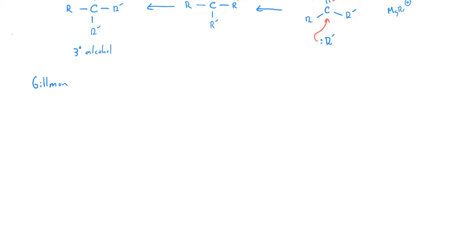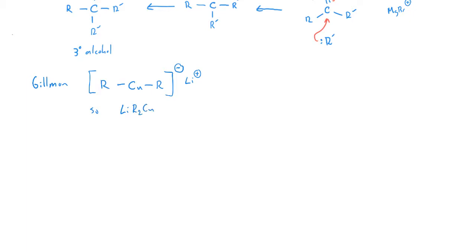So it looks like this. We have a copper metal center with two alkyl groups on it. And this entire construct, this copper with two alkyls, has a negative charge, and it's counterbalanced with a lithium cation. So it's called a lithium dialkyl cuprate, or a Gilman reagent.